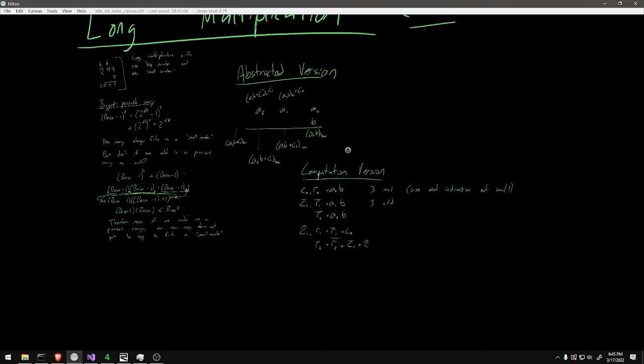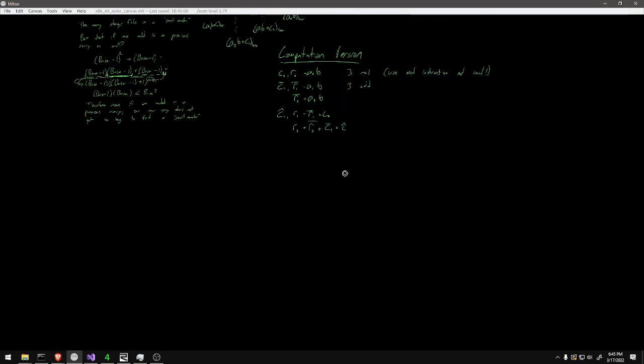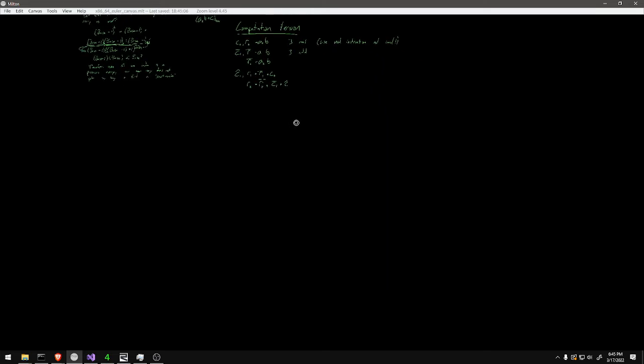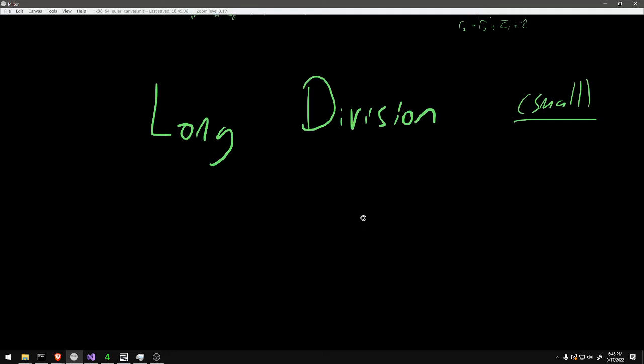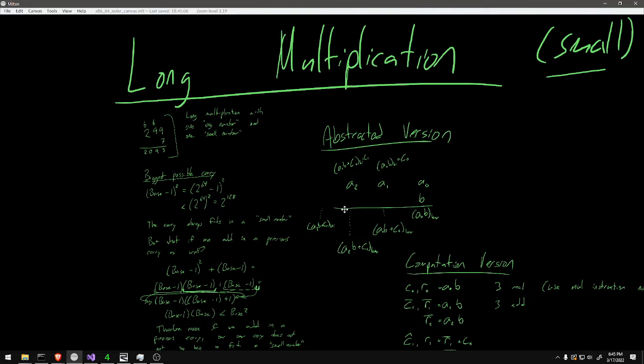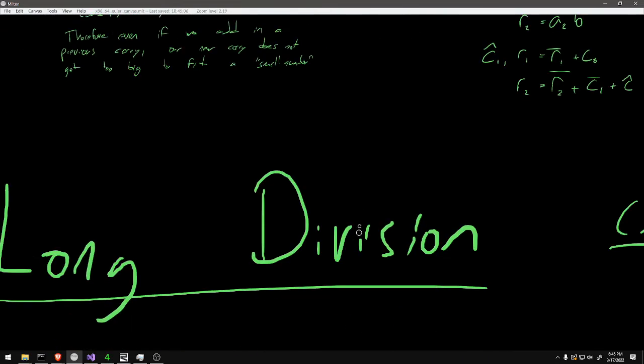One last one to think through is how we are going to do long division. I expect this to be the hardest one to figure out. But let's see. Long division. Small. Okay, how about we start with the same thing we did with multiplication?